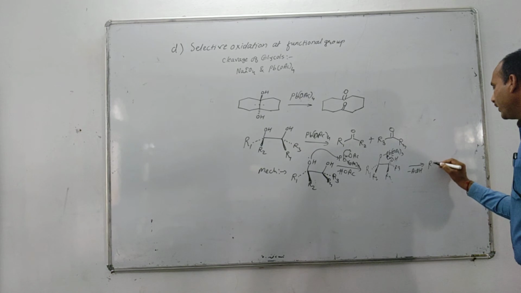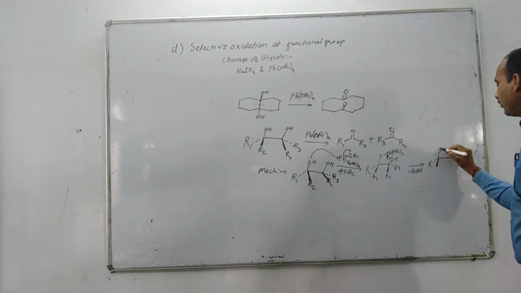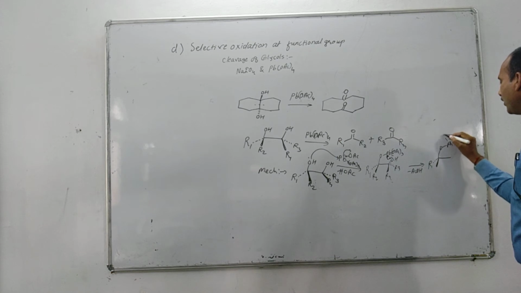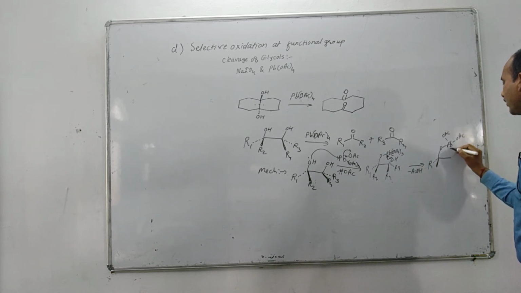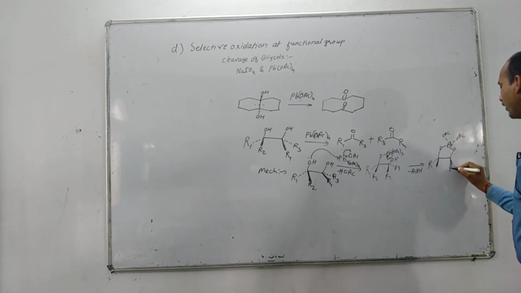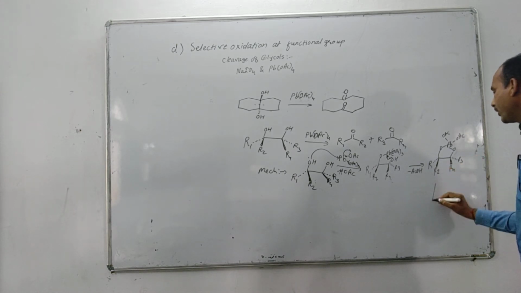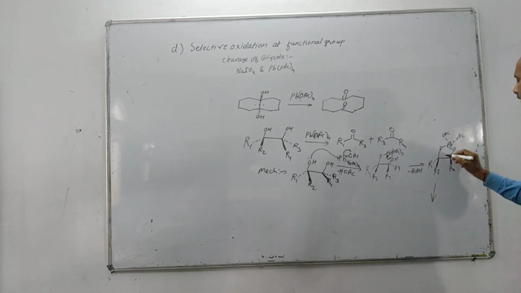Now a cyclic intermediate is formed, O Pb OAc OAc, again O, R4, R3, R2. Now there is no cleavage yet. Now this carbon-carbon bond breaks down.